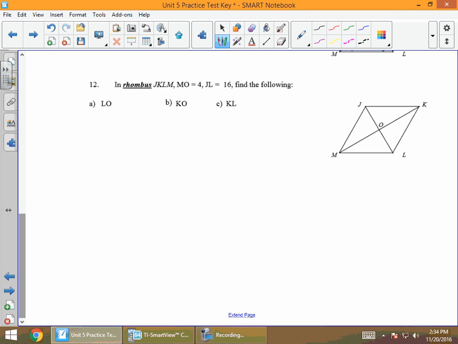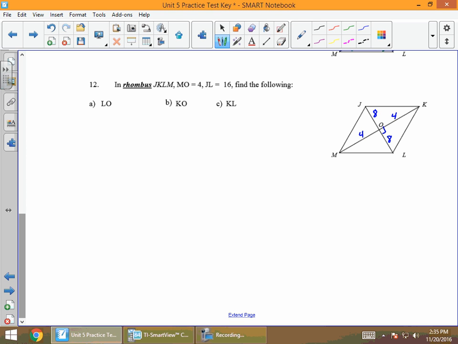And the final question on this page, another rhombus, says MO is 4. It's a rhombus, so I know these are right angles. JL, that whole diagonal is 16, so that means each part is 8 apiece. So I have a bunch of right triangles.